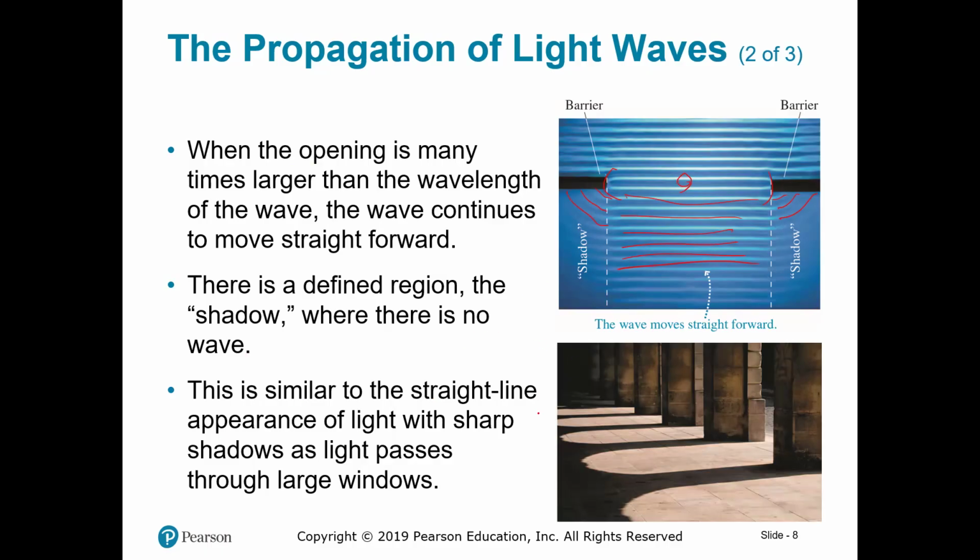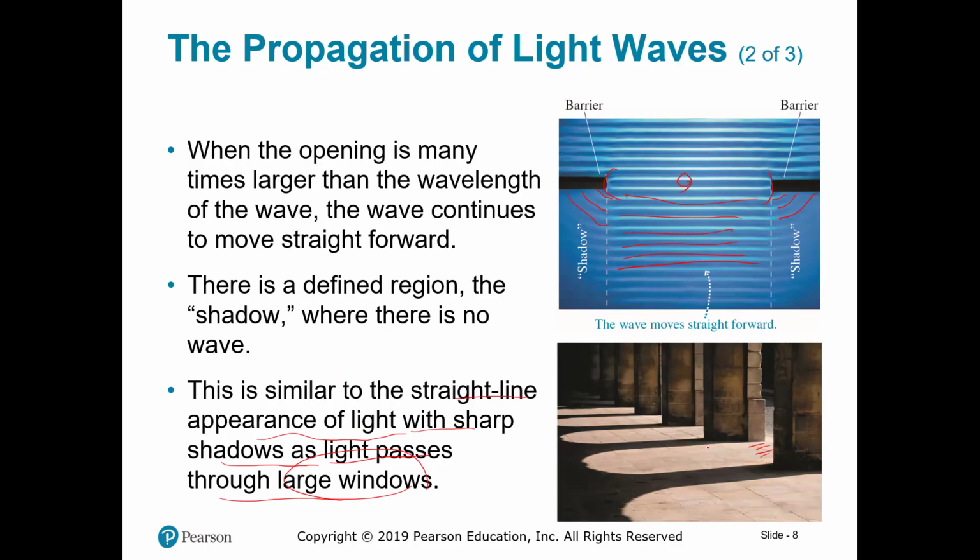Now we can do the same thing for light. Similar to the straight-line appearance of light with sharp shadows, as light passes through a large window, you see there's no spreading out.